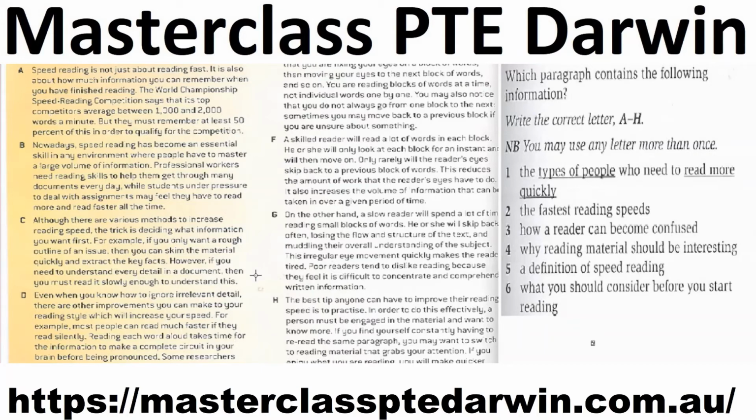So we have to quickly skim and slow readers. Slow readers? Yeah, that's G. No, slow readers, they are talking about who are the slow readers, but what type of people need to read more quickly?